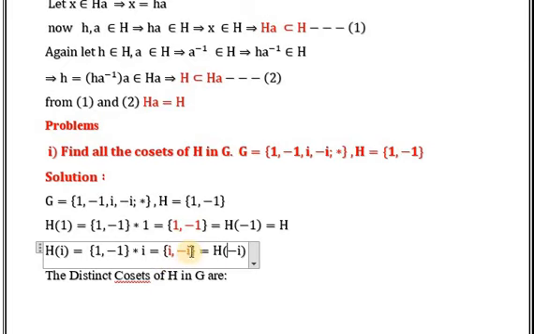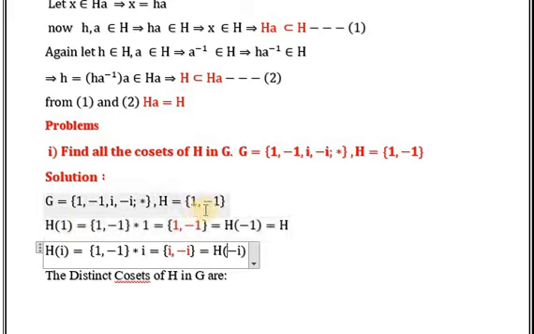Now the distinct cosets. Actually we got 4 cosets here: H1, H of minus 1, Hi, and H of minus i. See, both of them are equal, so we represented it only one time. Similarly, H of minus 1 is equal to H, and that is also equal to H1.